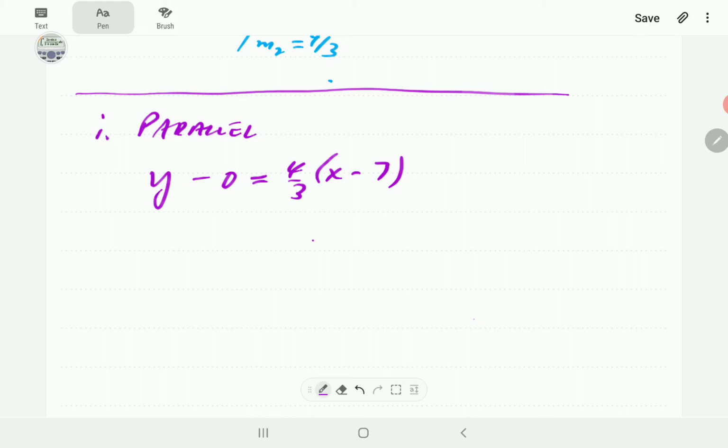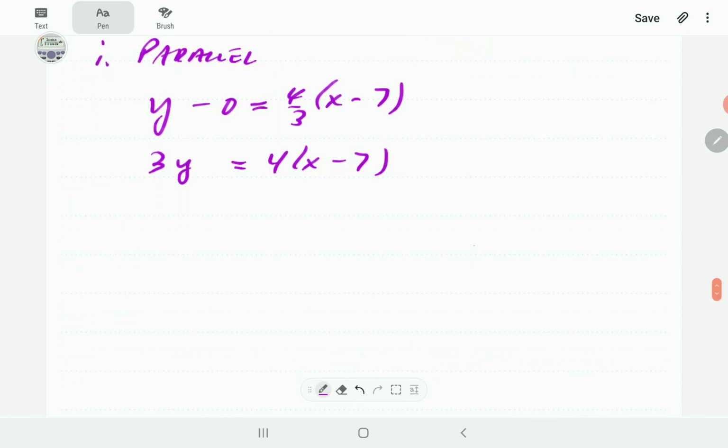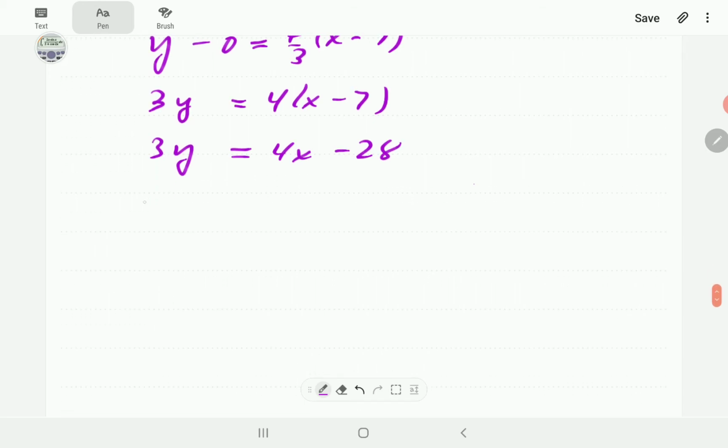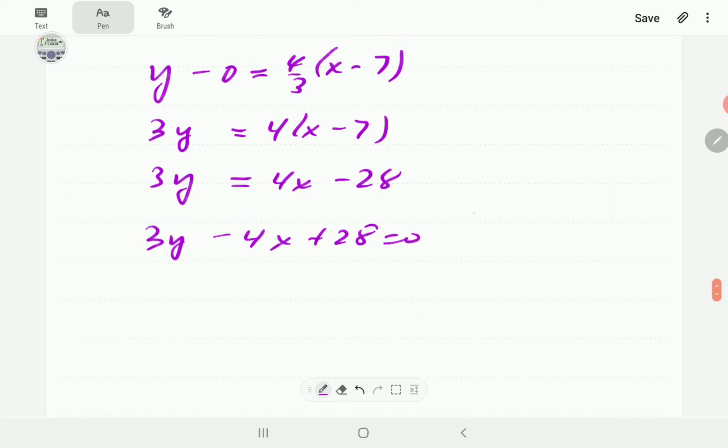If I bring the 3 to this side, then this is what we're going to have. So 3y is 4x minus 28. If I bring everything to the same side, this is going to be the general form of our equation.